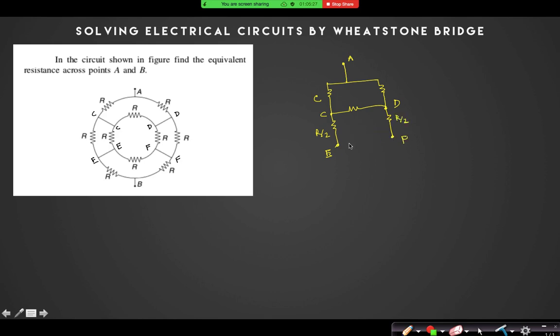And again, between E and F, there is one resistance R. Between E and B, there is one resistance R. And between F and B, there is another resistance R. This is B. Right? I think you can identify the simplified model of this question.